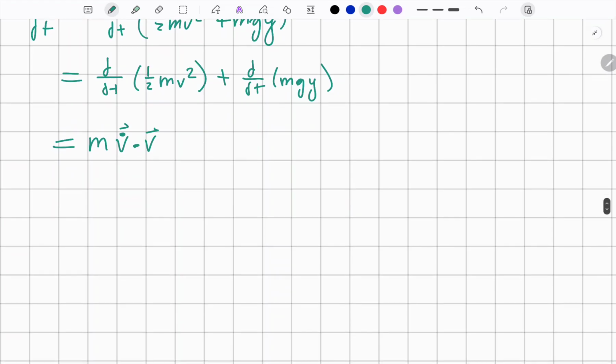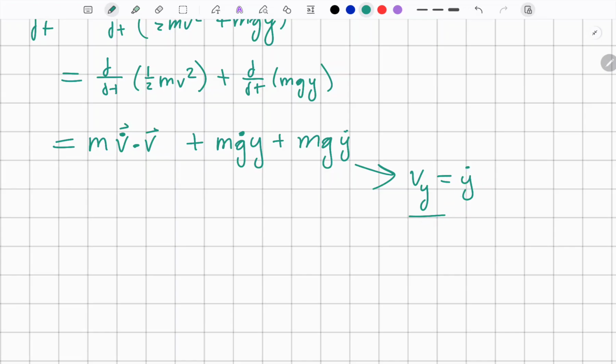Now, for this part, we're going to end up with m g-dot y plus mg y-dot. We know that y with a dot on top of it is the derivative of y with respect to time, which is going to be our velocity in the y direction.